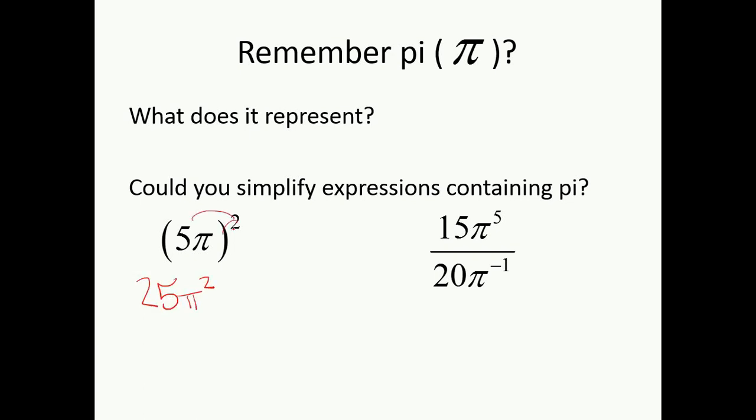Because you gave the pi squared in, just using our exponent rules. Pi to the -1 would move to the top, right? Because with negative exponents, it's going to flip around on your fraction. I'll simplify the 15 over the 20, and I would get 3 over 4, and then pi to the 6th, right? Because the pi to the -1 would move up, become positive, so I'd get pi to the 6th.